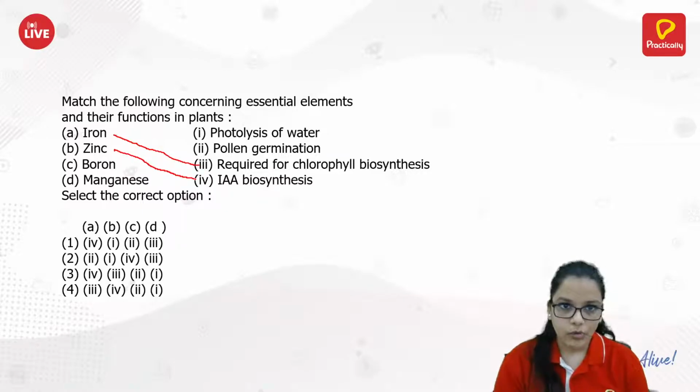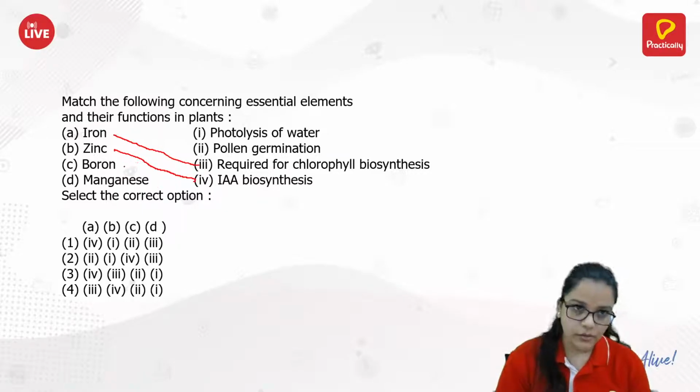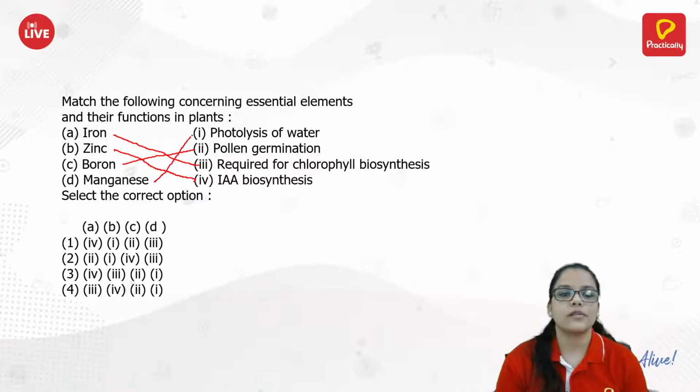Boron is required for pollen germination, and manganese is required for photolysis of water. So let's see, A3. Answer is 4. Let's match B4, C2 and D1.